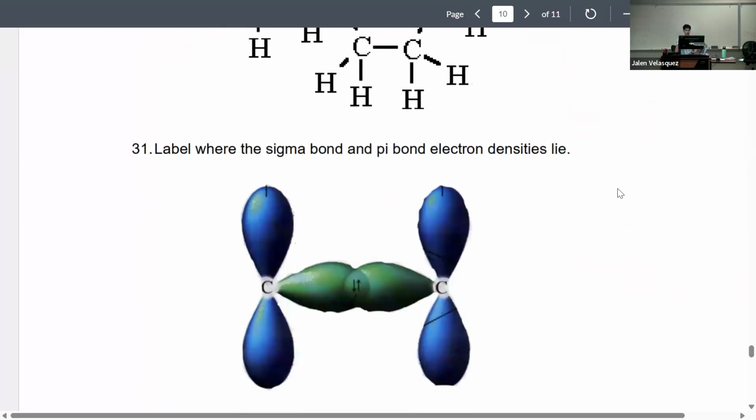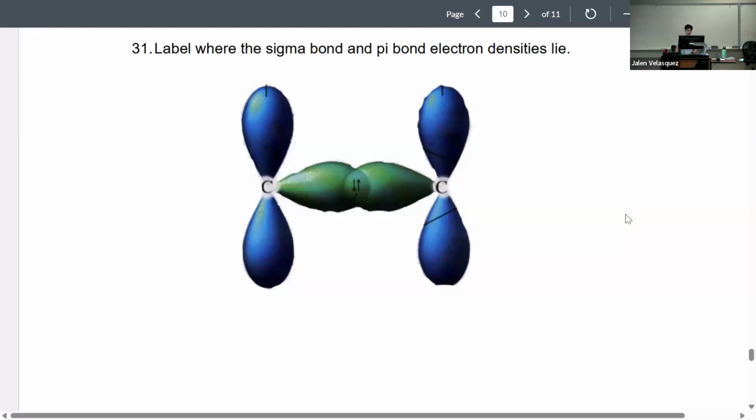Okay, so on the idea of sigma bonds and pi bonds, you need to know where those electron densities are found. So where would I find a sigma bond? So here is a carbon bonded to a carbon. Where do we find sigma bonds?